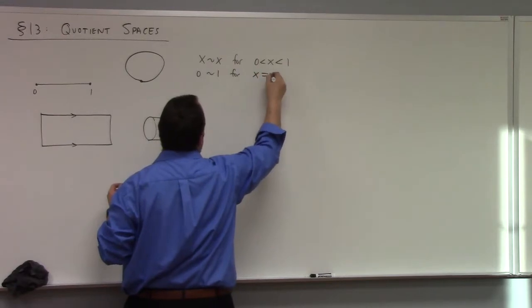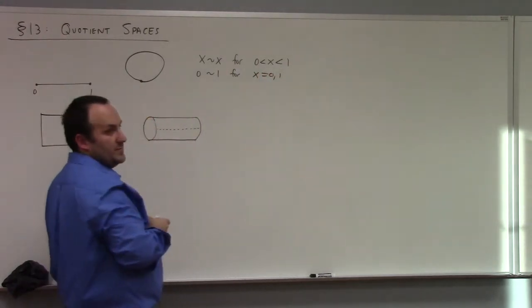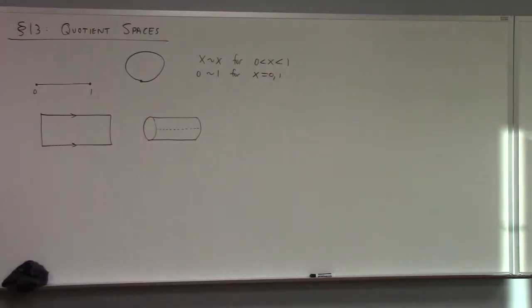I mean, you could say for x equal to 0 or 1. And that would define an equivalence relation on the closed interval from 0 to 1, right? Because it's reflexive.